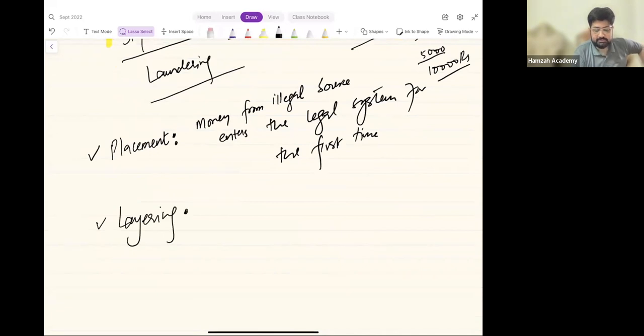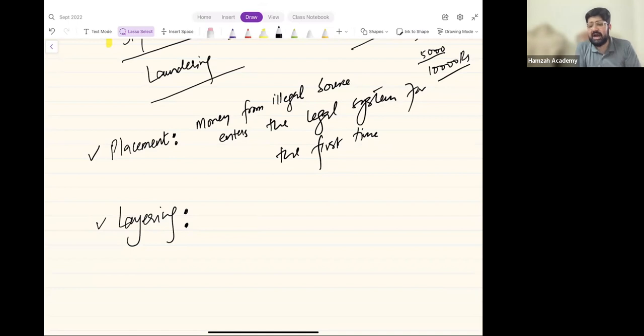What is layering? Layering is the stage where layers of transactions are generated. To create ambiguity and to make tracing difficult, money is transferred from one account to another, cash is given, with repeated deposits and withdrawals.